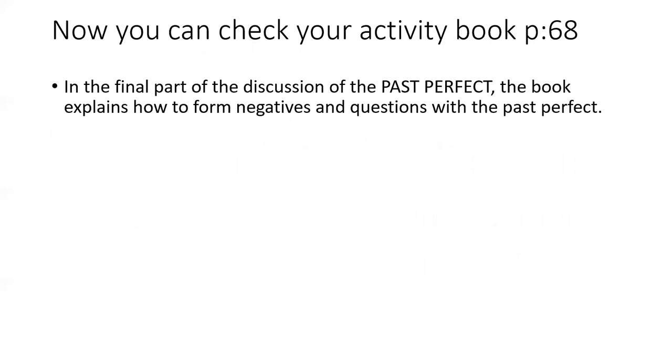I think some of you are wondering, why are we revising or why are we discussing questions and negatives now? I would like you to go to your activity book, page 68. If you remember, on page 68, we discussed narrative tenses.